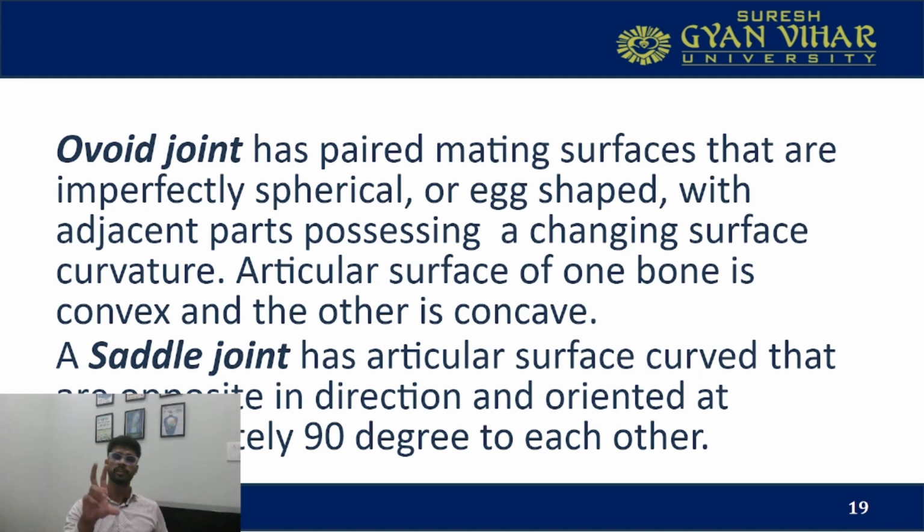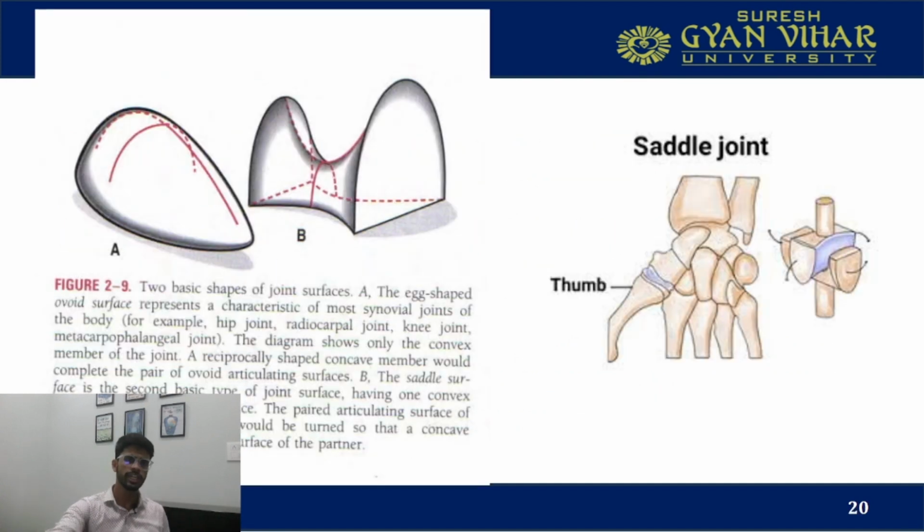It is not a perfect sphere. And in a saddle joint, which we have read, the surfaces are opposite in direction, oriented at approximately 90 degrees to each other. So let's see some examples of these two joints. We can see the ovoid joint in the hip, radiocarpal, knee joint, and metacarpophalangeal joint, and we can see the saddle example in the thumb and in the sternoclavicular joint.